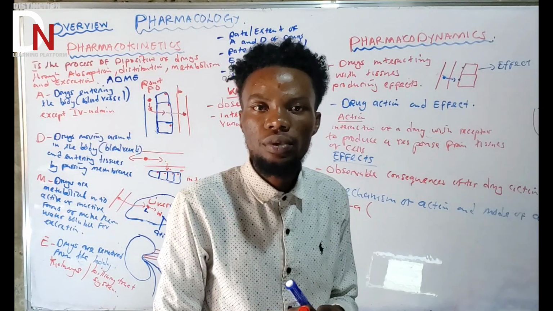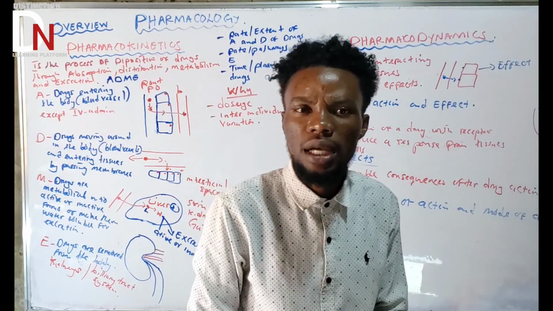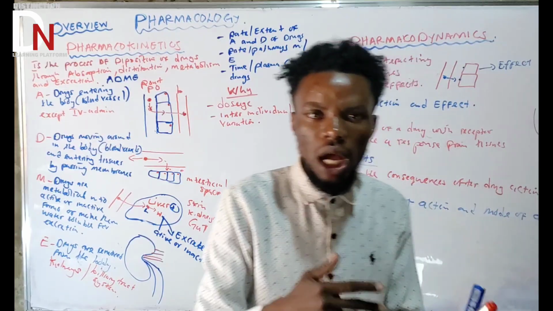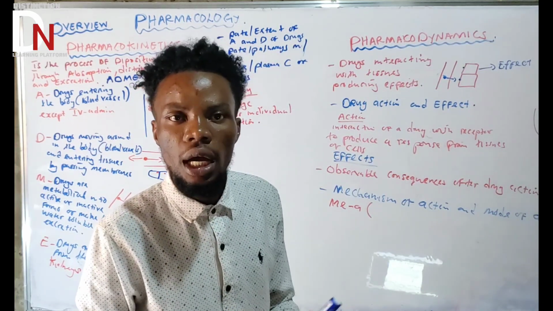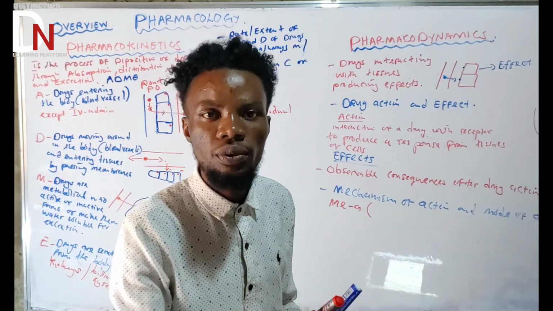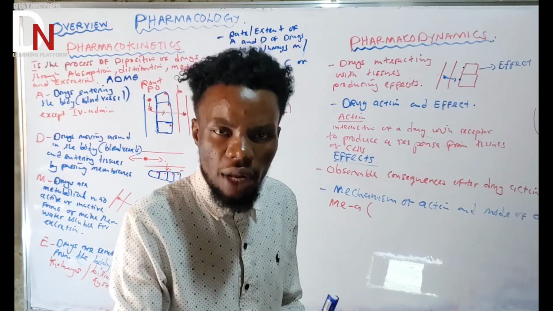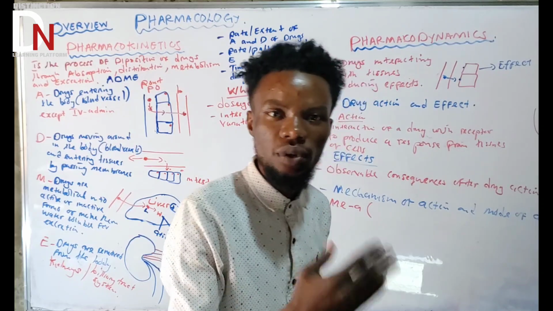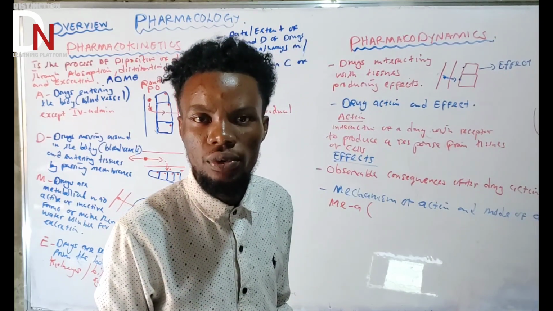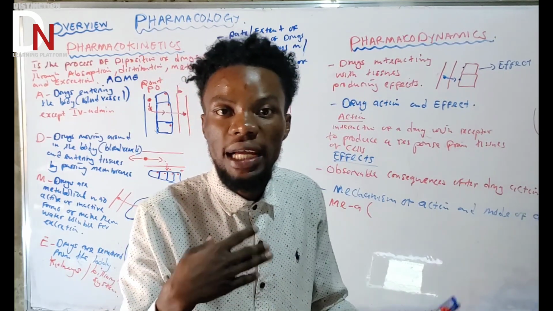A good example is the G protein coupled receptors. You remember how the alpha subunit of that G protein goes to activate phospholipase, leading to the production of IP3 and also accumulation of calcium ions. All of those come under the mechanism of action.